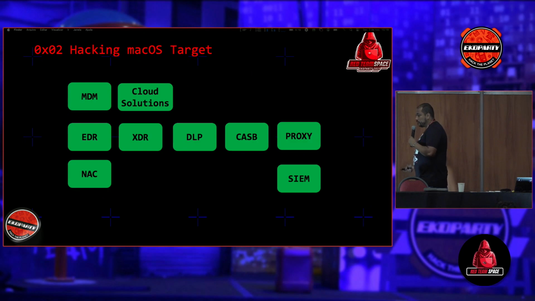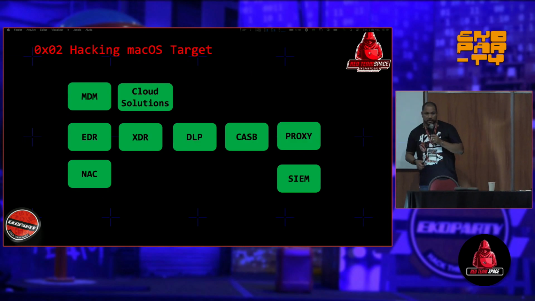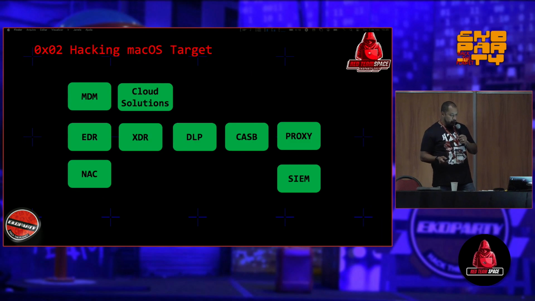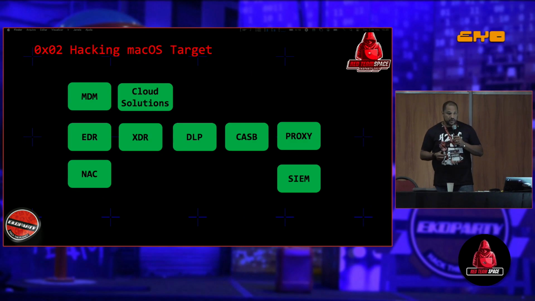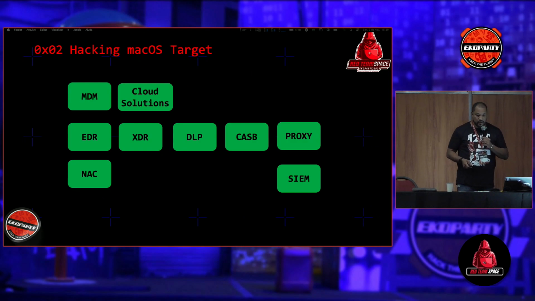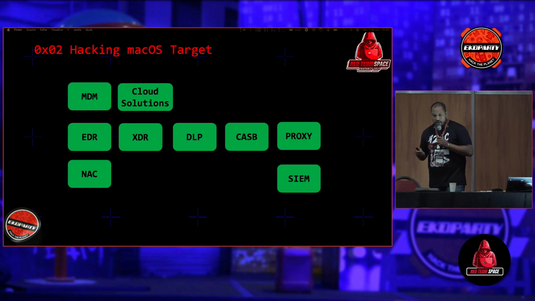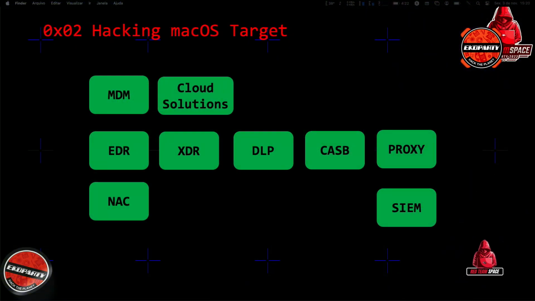In general, when you talk about a company, you have a lot of protections, a lot of solutions to improve security inside macOS. You have an MDM, which is for managing macOS systems, like creating user access, remote access, and enforcing policies in macOS.